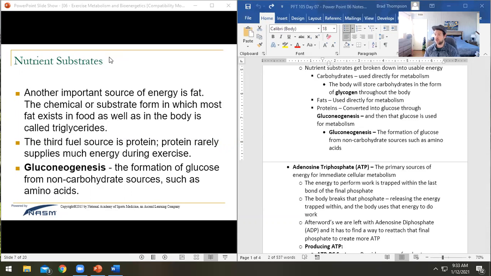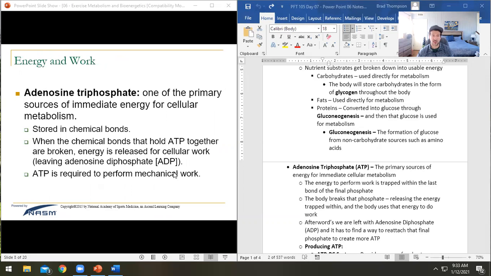So these are sort of the drawbacks to having a super high protein diet. Now we want to have adequate protein, make no mistake about it, but if we're getting all of our calories from protein, it's just not how we want to do things. So those are sort of what we're looking at in terms of our substrates.